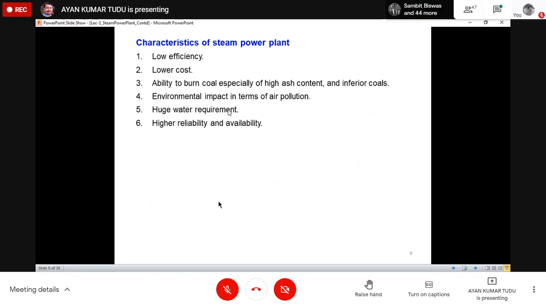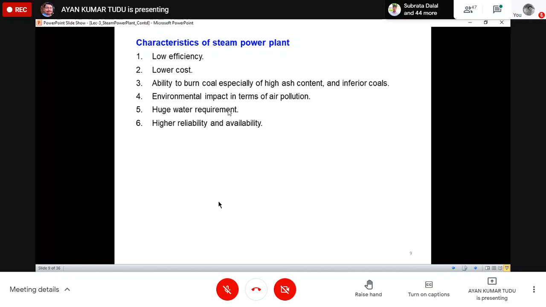Also, the initial startup cost is very high, but later on the running cost may become less.